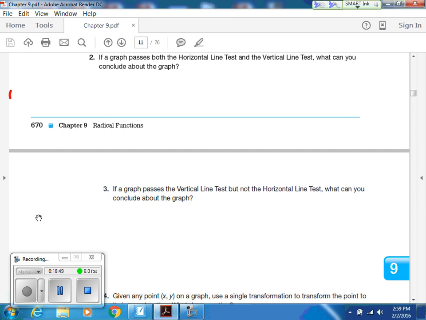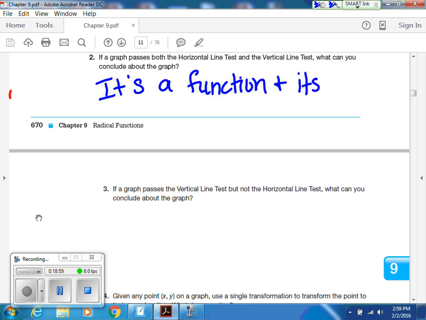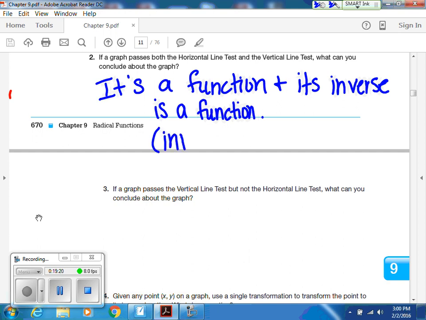If it passes both, it's a function and its inverse is a function. That's known as an invertible function.